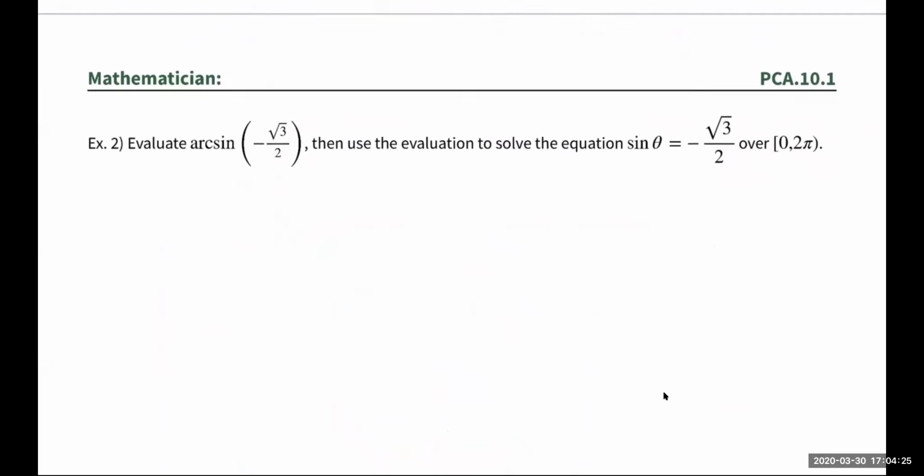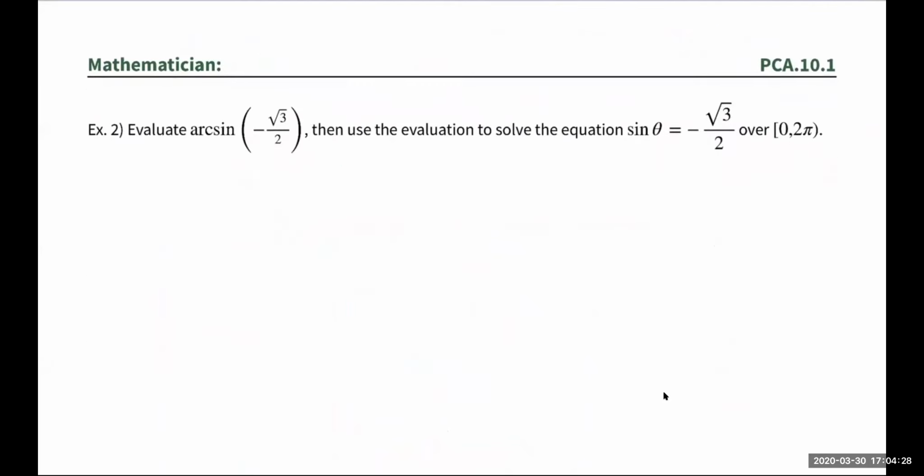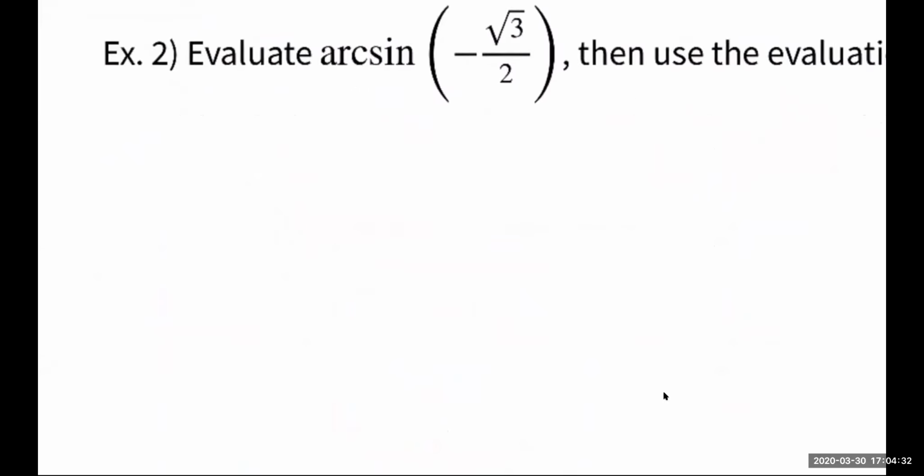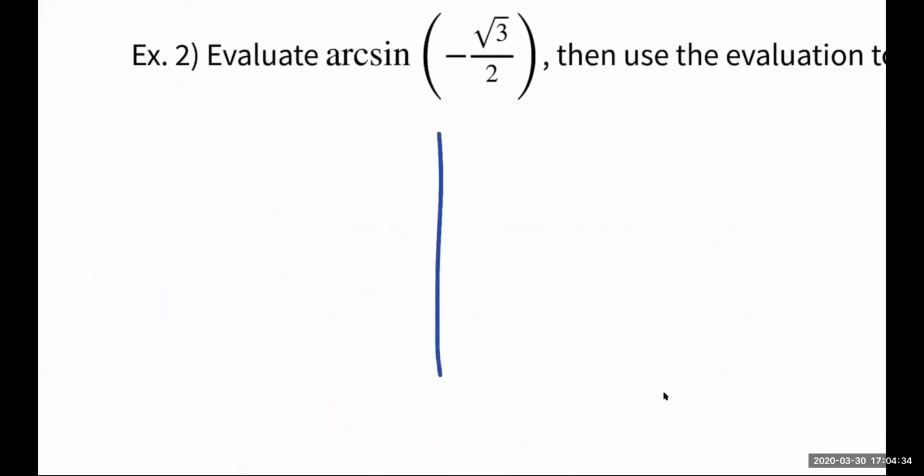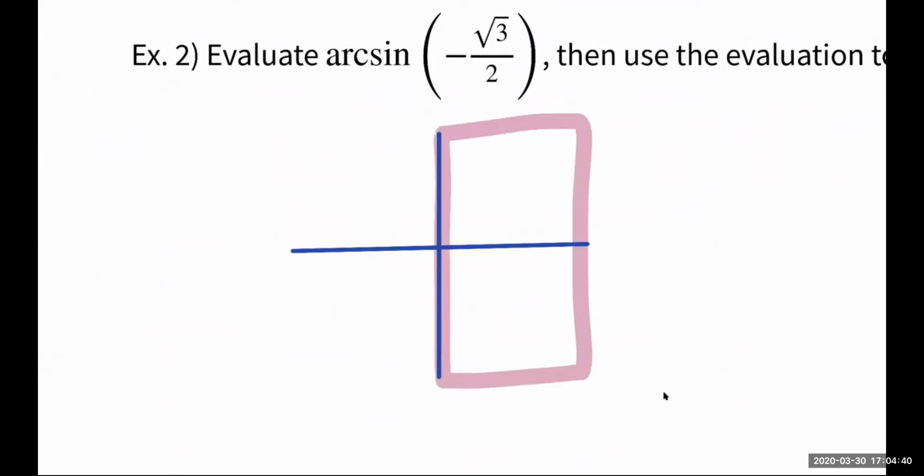All right, let's try that again in a different way. Let's evaluate arcsine of -√3 over 2. So I can draw my axes. I know that for arcsine, I'm only looking in quadrant 1 or quadrant 4, but we want -√3 over 2 for our sine value. So -√3 over 2, about there.